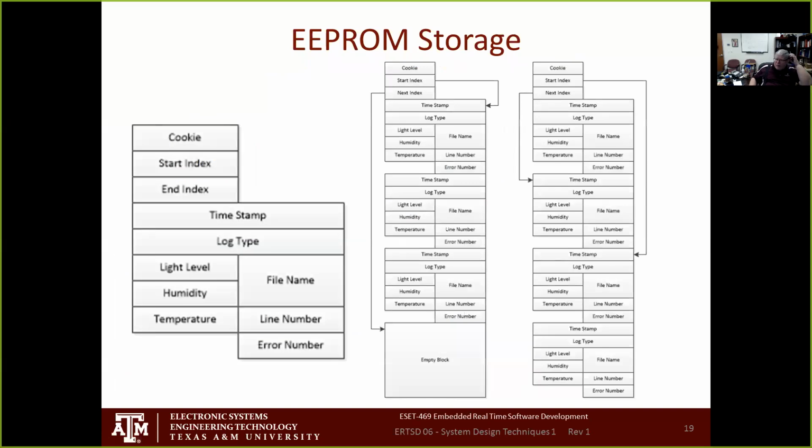So let's talk about how we're going to structure our EEPROM. Again, this is important stuff for us to figure out how to do things in the embedded world. How are you going to store stuff in the EEPROM? We've got 2 types of things that we're storing. We're storing an event that has a light level, humidity level, or temperature level.